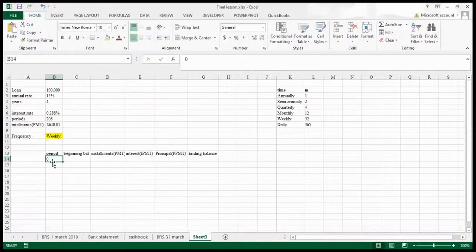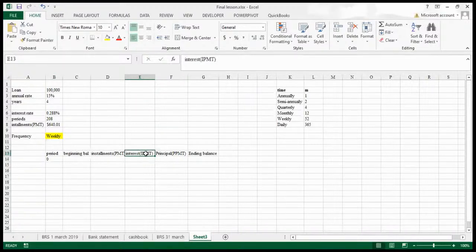So having period here as 0, we want to automate these things such that our work is just to come and pick frequency and everything will be adjusted in this column. Interest is normally the interest rate multiplied by the beginning balance to give us the interest amount, which is still a manual method.